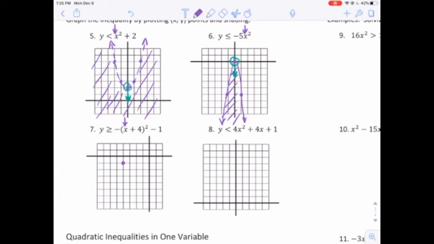All right, let's pick some points close to this. If I pick negative 3, I'm going to get a value of negative 2. Again, use your calculator if you need to figure these out. And then if I move just one more over to negative 2, negative 2 plus 4 is a positive 2, squared is 4, but I need to take the negative of that.